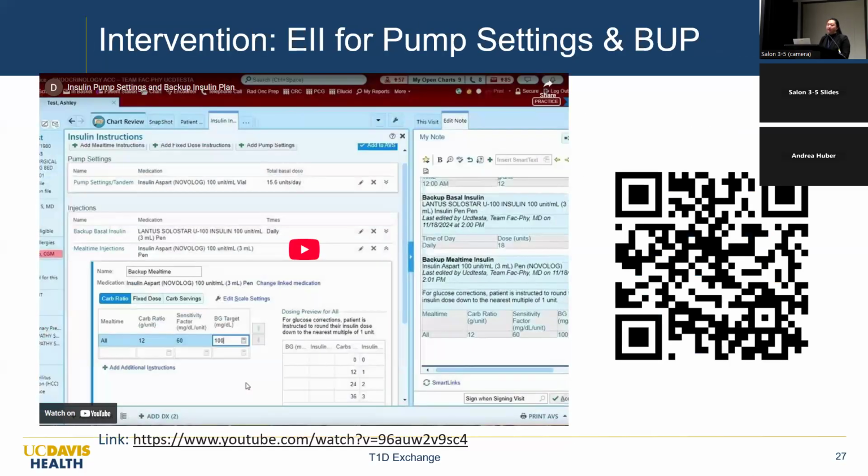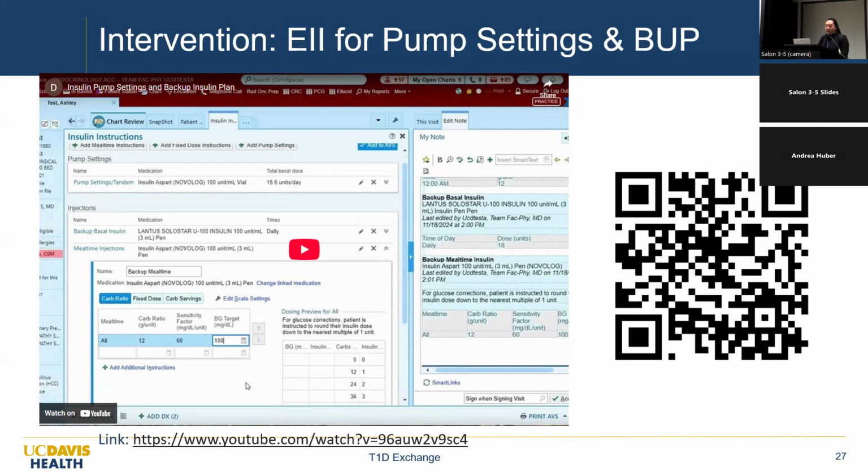Our intervention was, first, at a division meeting, we provided re-education on what a complete backup plan was for pump users, which included having an active basal insulin prescription, but also having instructions available to patients in an ABS.